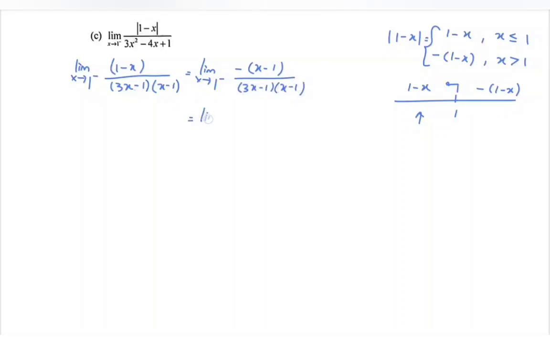Simplify: the limit as x approaches 1 from the left is negative 1 over 3x minus 1. So if we substitute the value 1 for the function modulus 1 minus x over 3x squared minus 4x plus 1, we will have 3 minus 1, which equals negative 1 over 2. The value of y will be approaching negative 1 over 2.